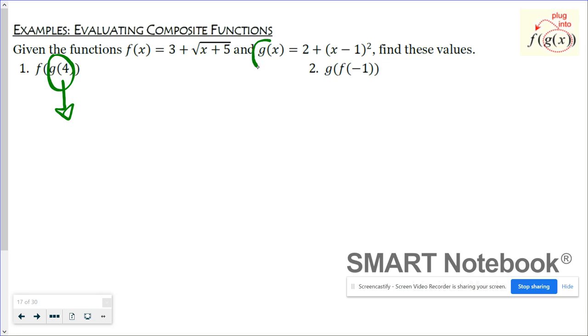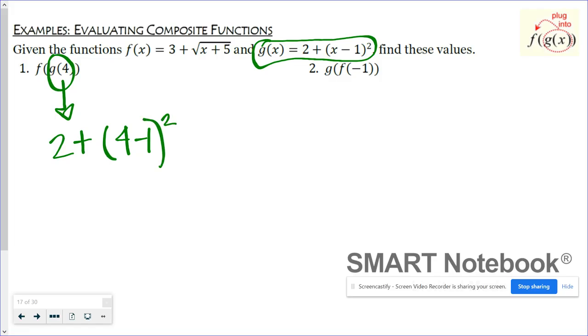So the function g is 2 plus the quantity x minus 1 squared. So g of 4 would be 2 plus 4 minus 1 squared. I calculate this, and I get 11. All right, so I know that this is 11. Okay, so I'm going to take my answer of 11 and plug it into the outside function.